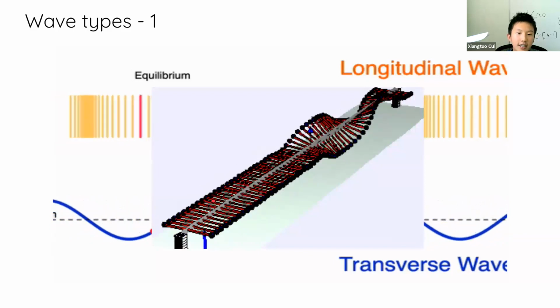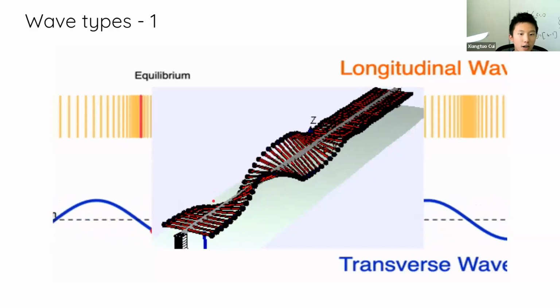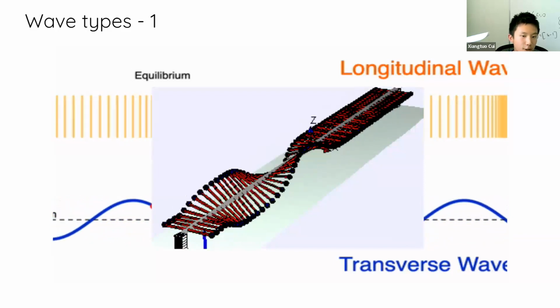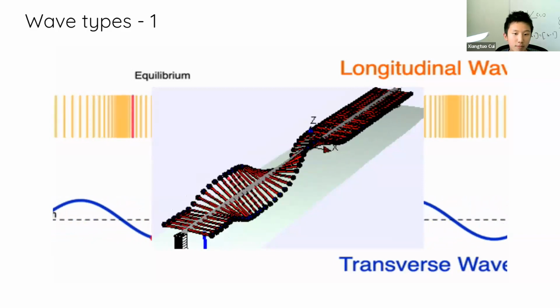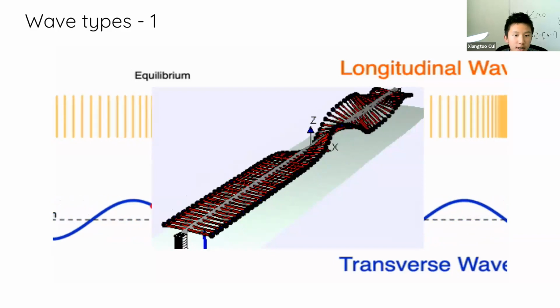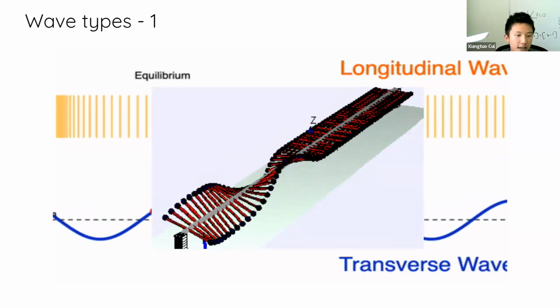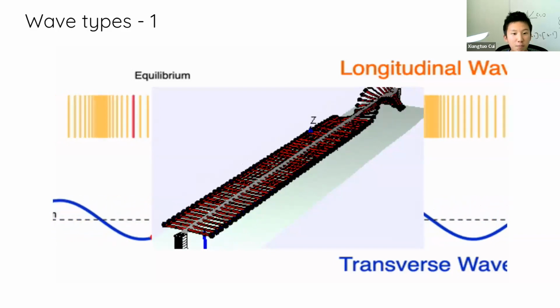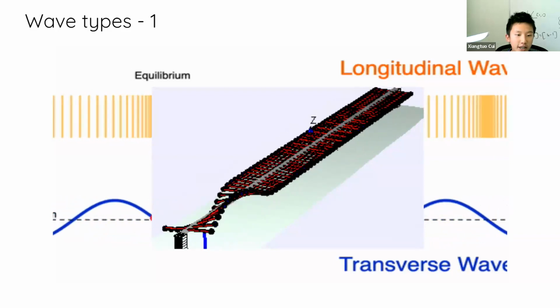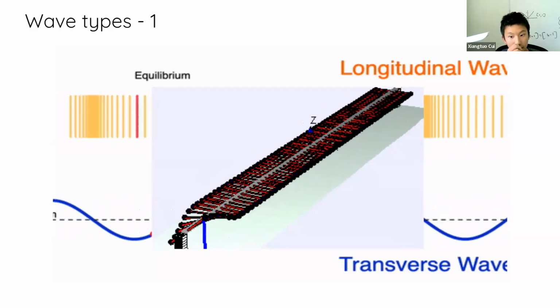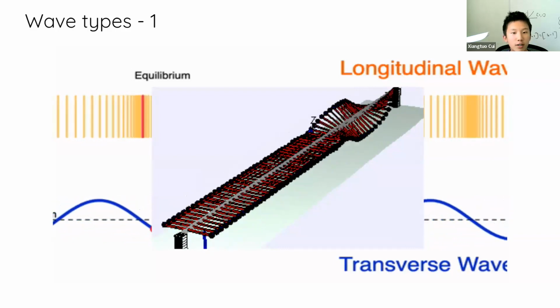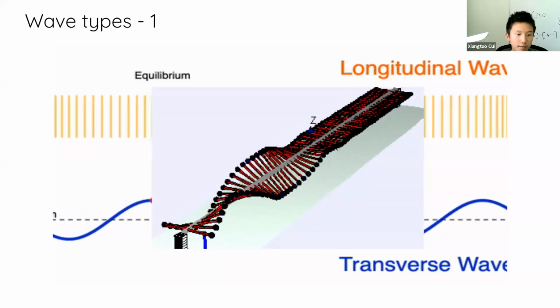And there is technically also a third type of wave called a torsional wave. The torsional wave is this twisting motion that you see in this animation here. It's very rare because it's really hard to produce, but it has a really high importance in architecture because this type of wave is actually the most destructive for buildings.